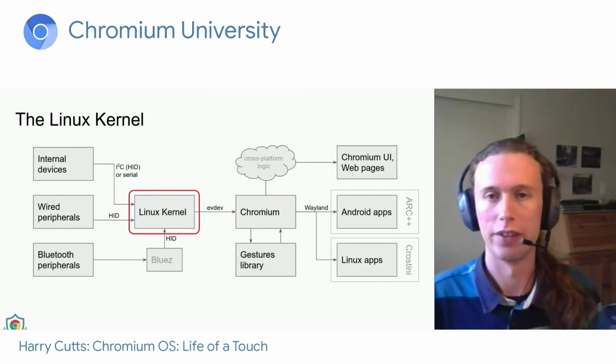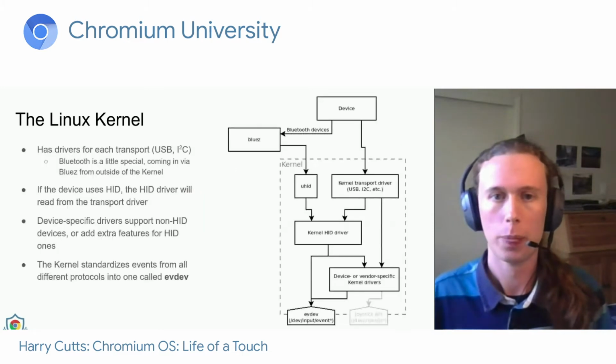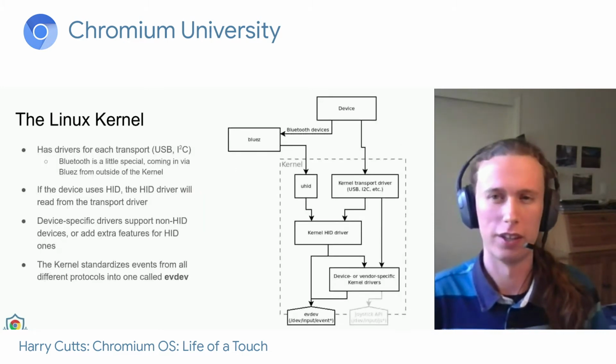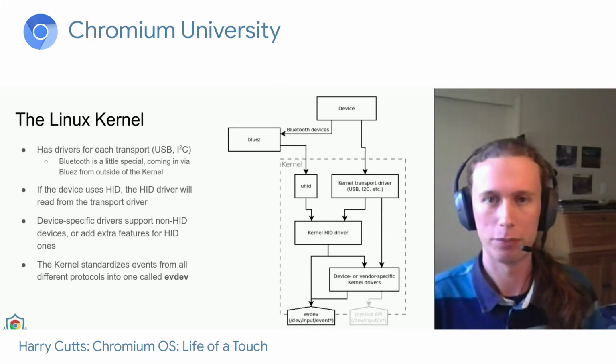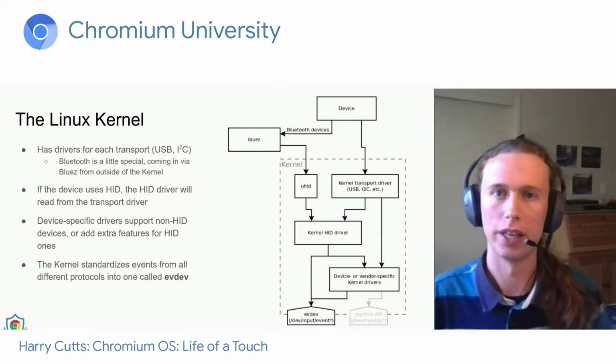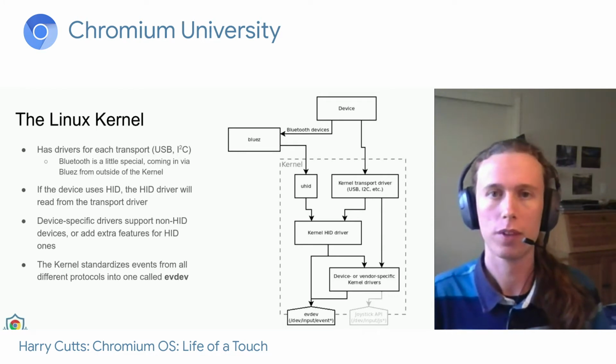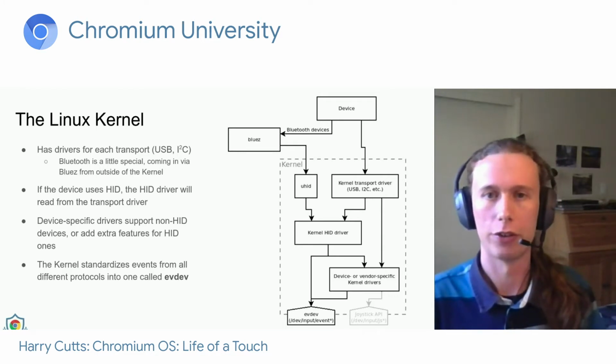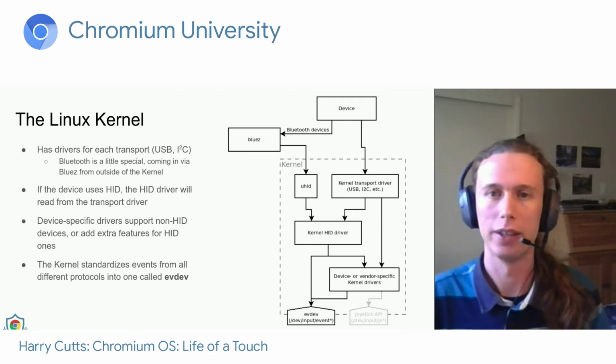We next are looking at the Linux kernel, which is the first piece of software on the CPU that handles our events. Obviously, the Linux kernel is a pretty big, complicated thing, but here we're most interested in what drivers are involved in looking at our input. So first, we'll have the transport driver. That will be specific to the way that the device is connected.